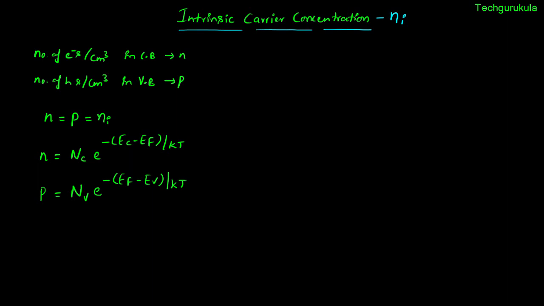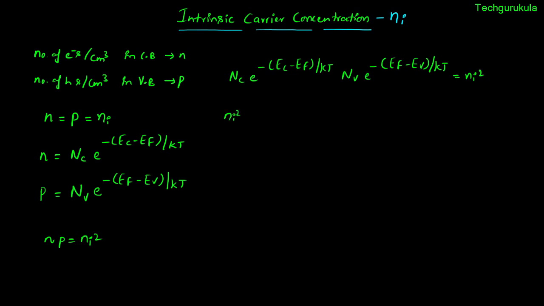Now to find what Ni is, we can take N times P equal to Ni square. Then we can write this as Nc times e power minus of Ec minus Ef over Kt, times Nv times e power minus of Ef minus Ev over Kt, and this is equal to Ni square. So we can write Ni square as Nc times Nv times the exponential.